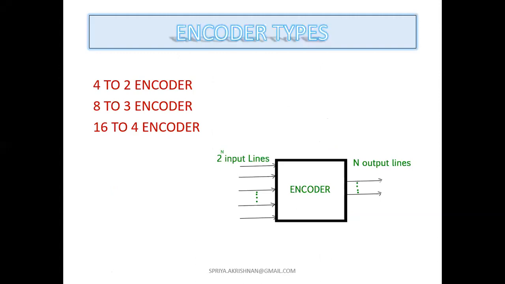So next we will go to the encoder. Encoder is just the opposite of the decoder. The number of inputs will be more, and the number of outputs will be less. That is an encoder. Here also 4 to 2, 8 to 3, 16 to 4, 32 to 5, all these types of encoders are available.